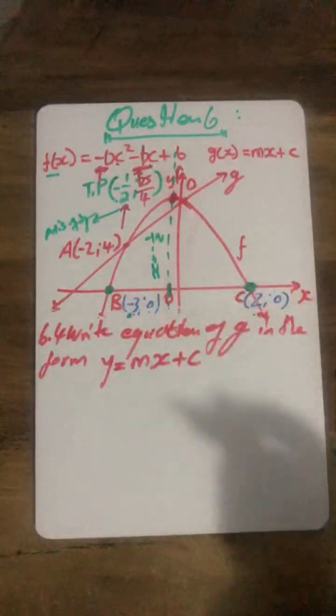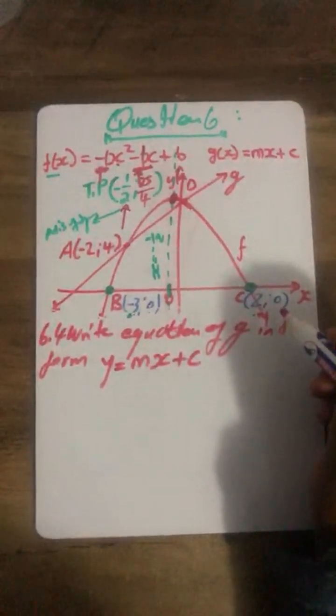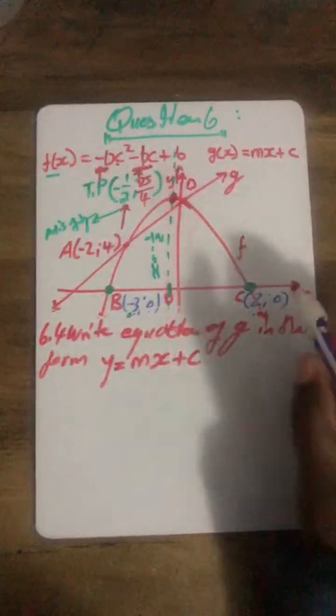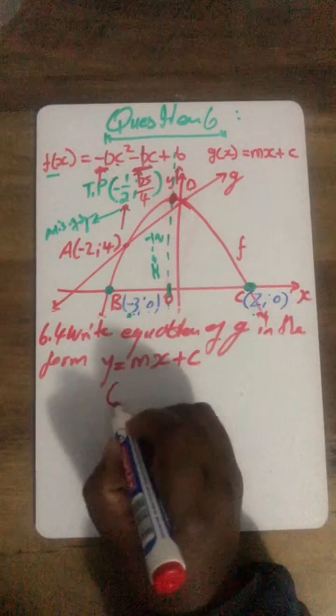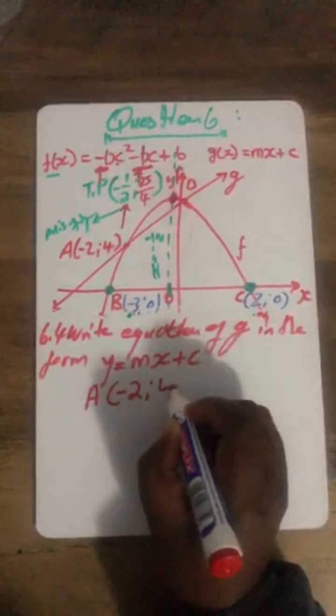If you guys remember, I did say that for you to calculate or determine an equation of a straight line, you need two things. Already, you have that point A, which is -2 and 4.